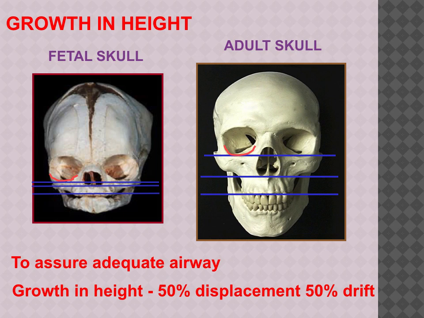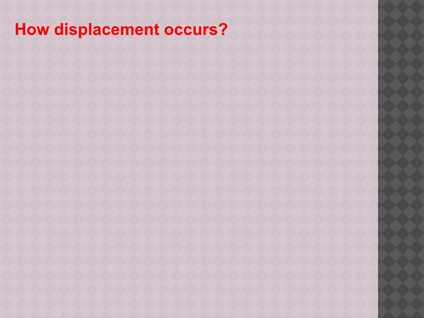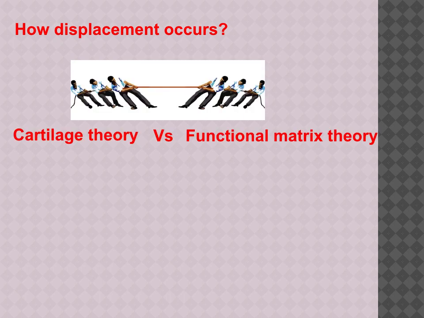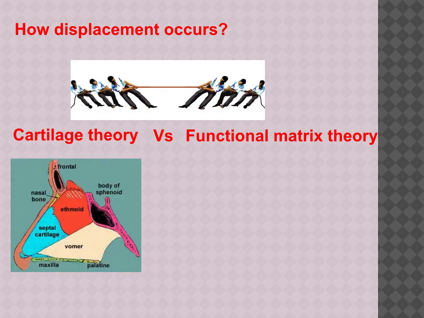Now it's actually attributed that there is a marked increase in the nasal size to ensure adequate airway. Now again, you can apply various growth theories which have given their own reasoning for the same. So it says cartilage theory versus functional matrix theory. According to cartilage theory, since your nose is primarily made of cartilages and cartilage is the main genetic source of growth, it has a growth potential, hence nose will grow more.